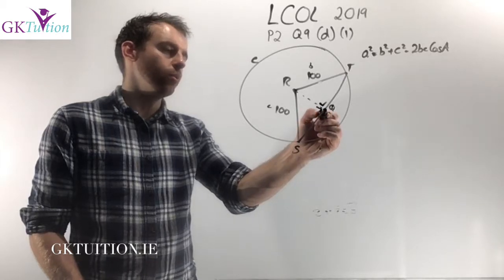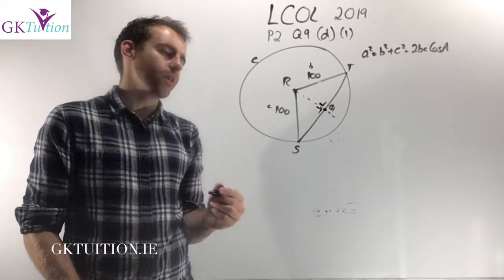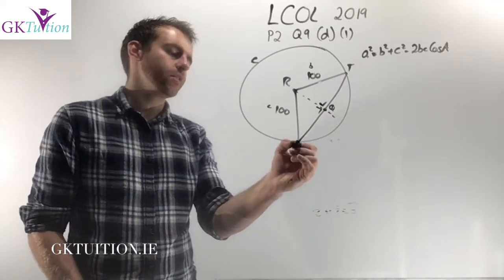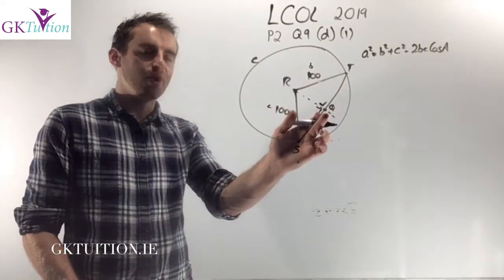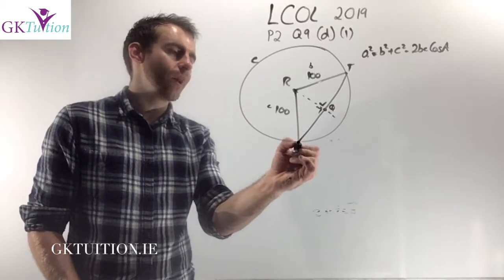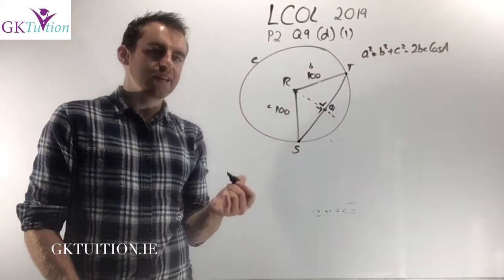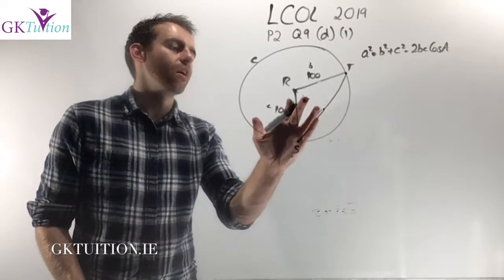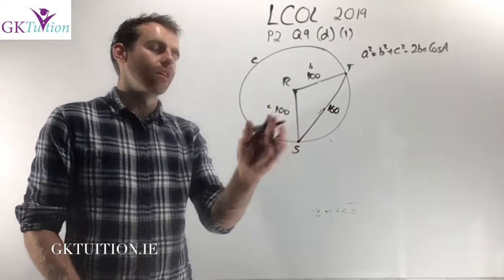So I know that Q is halfway between S and T. And in a previous part of this question, we worked out that SQ is 80 kilometers. If Q has to be halfway between them, if I just multiply 80 by 2, that means the distance from S to T must be 160 kilometers. So based on that logic from our geometry, I actually know that this side is 160 kilometers.